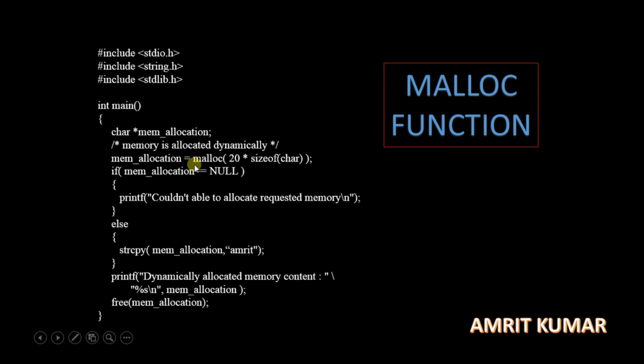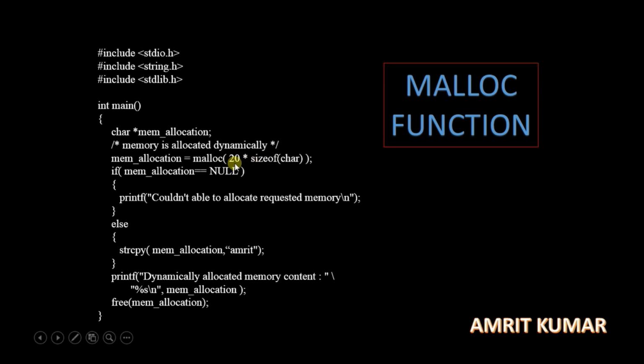I have told you about the malloc function, that you need to specify the malloc function, and in it you give a number multiplied with the size of whatever data type it contains. Malloc allocates memory.